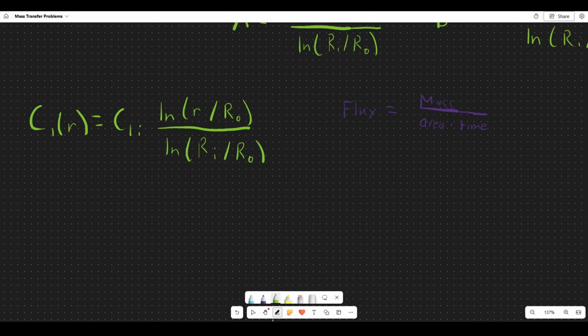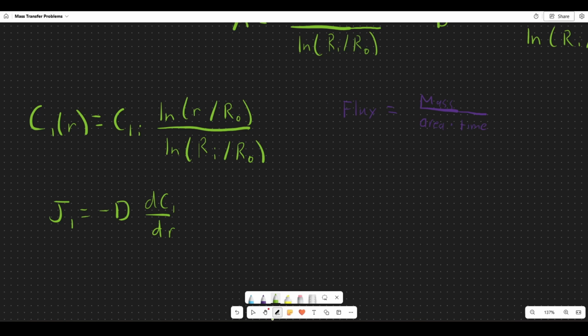And you might realize that Fick's first law, which is J is equivalent to minus D dc1 by d, in this case it would be dr, actually shows a relationship between concentration and flux. And so it would be useful for us to apply Fick's first law onto this in order to get that.